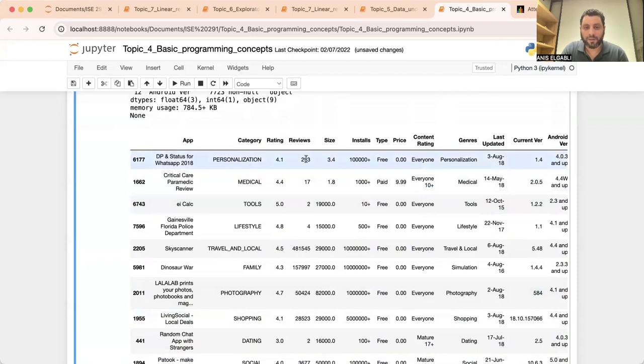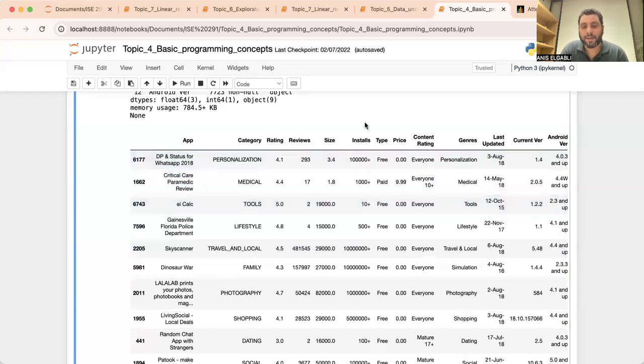Here is the number of reviews for the application, and here is the size, I think in megabytes. Here is the number of installs. So this one, for example, has been installed more than 100,000 times, so 100,000 plus. This one has been installed more than 10 times, so 10 plus.